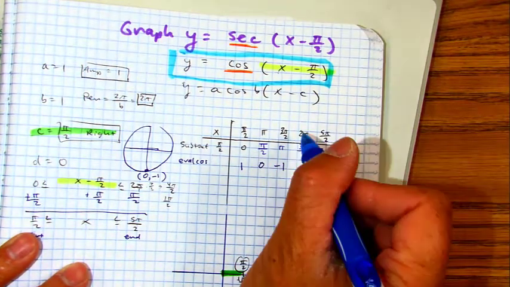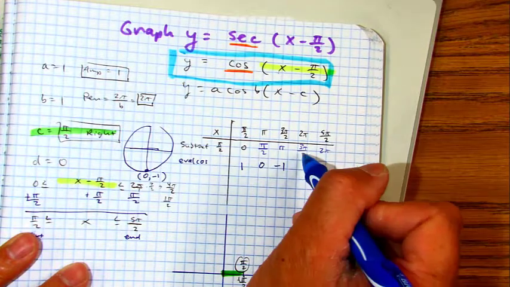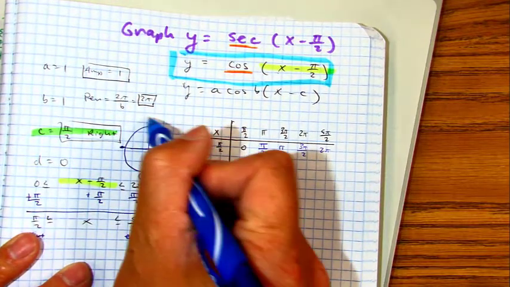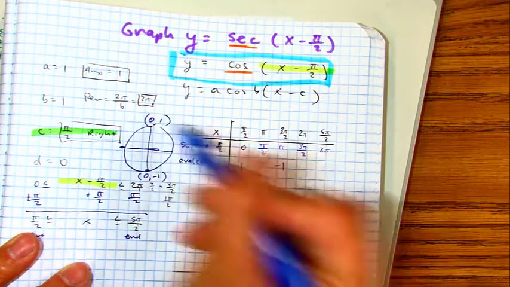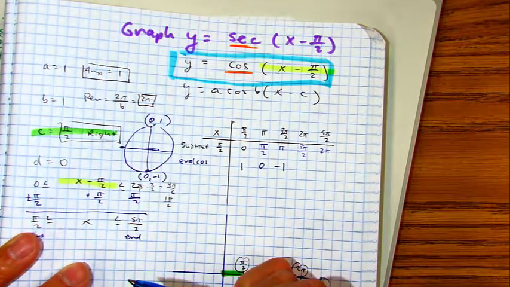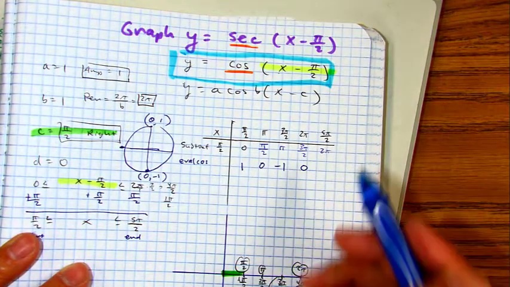Oh, that should have been over here. 3 pi over 2? 0. And 2 pi. 1. Yep.